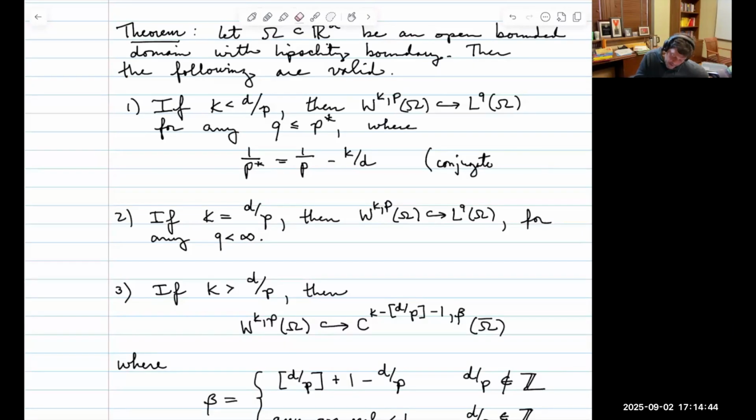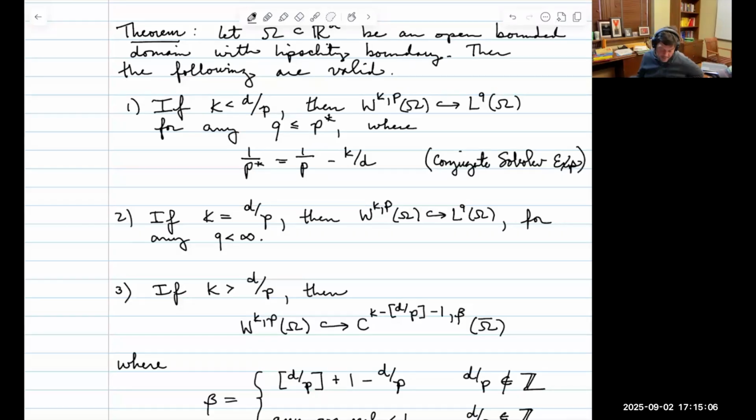I want to rewrite that. Actually, I want to rewrite this too. Let's slow down here. Conjugate Sobolev exponent.